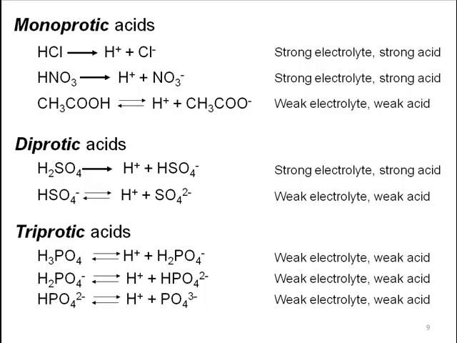Yes? Okay, so the acetic acid has more than 1 hydrogen atom. That's correct. This is the only one that's ionizable. So the other ones are drawn together.